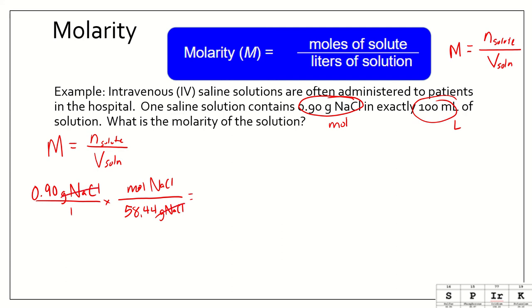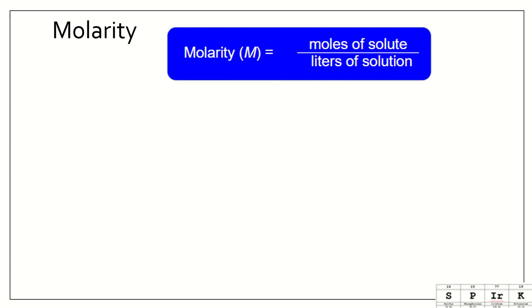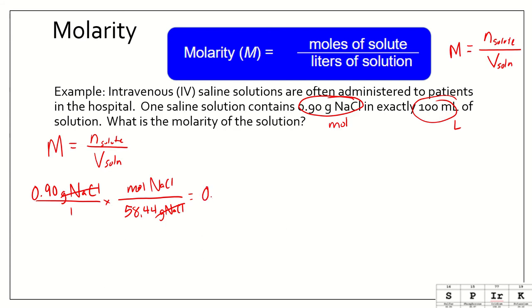Gram cancels with gram, and we're left with moles. And we have 0.0154 mole. Actually, it should be 0.015 mole NaCl.